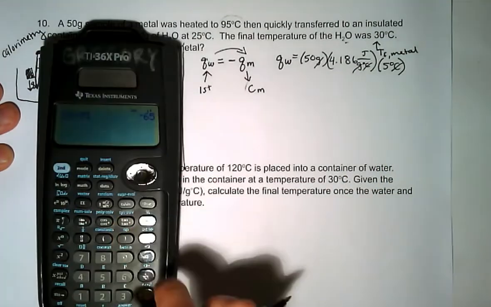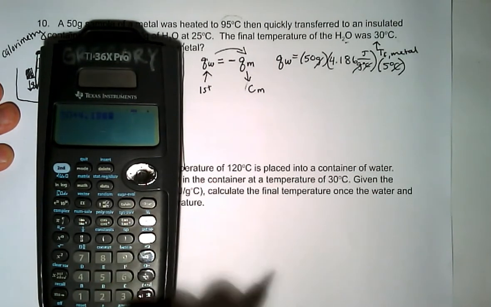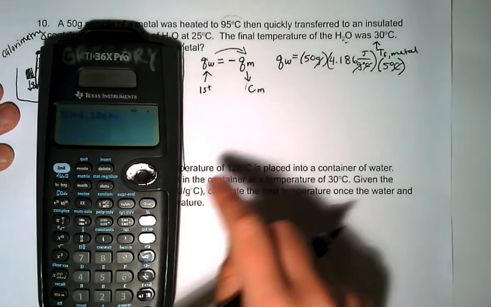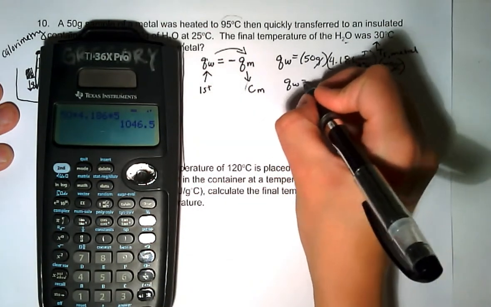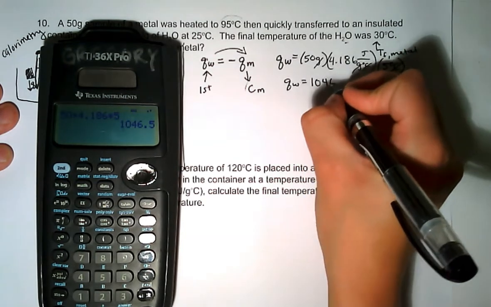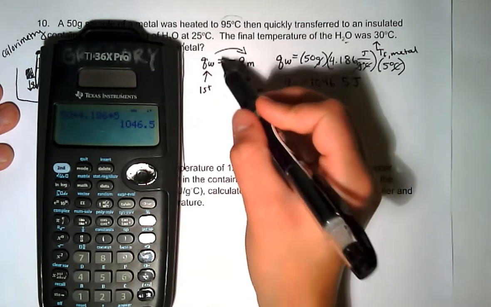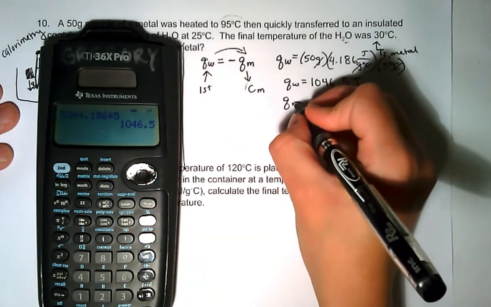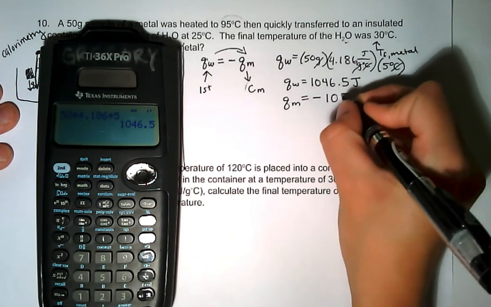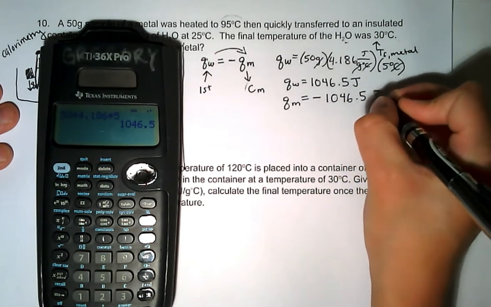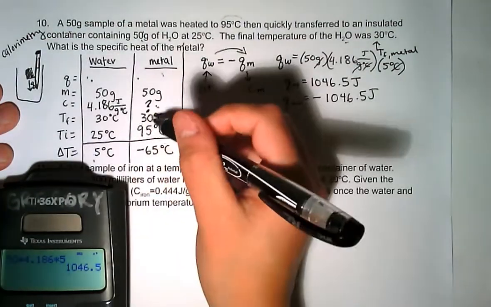So let's get a calculator. 50 times 4.186 times 5. And that gives me Q_W, which equals 1046.5 joules. So I know that my Q of my metal, Q_M, is going to equal the same value, just negative: negative 1046.5 joules.